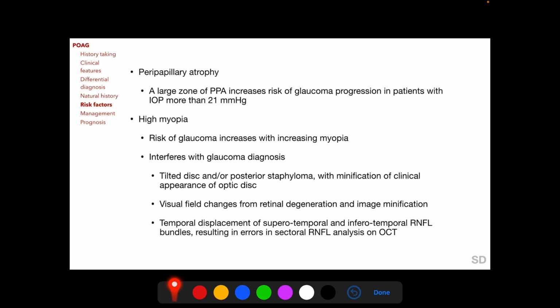And in myopia, even without glaucoma, visual field changes can occur from retinal degeneration. And as we have discussed in the session on OCT, temporal displacement of both the superotemporal and inferotemporal RNFL bundles in myopia results in errors in sectoral RNFL analysis on OCT.